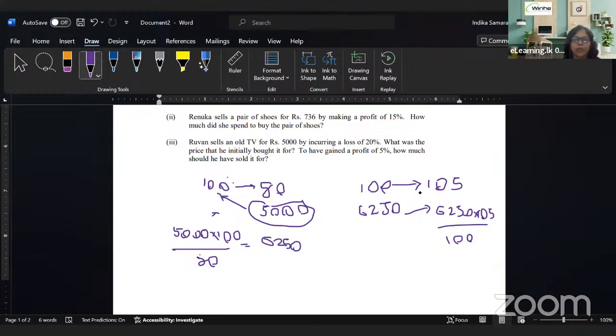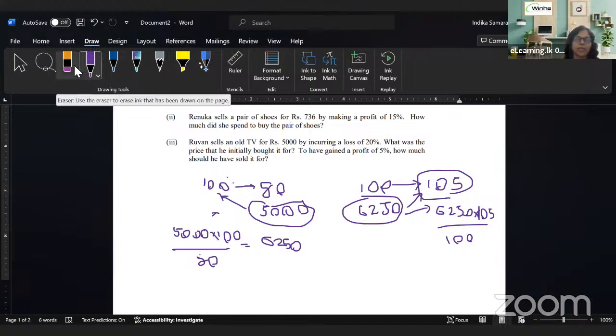Therefore, if we are gaining 5% profit, what we have to do is multiply 6,250 by 105, then divide it by 100, right? It should be 100. Then you can find the answer for this one. Right? Okay.